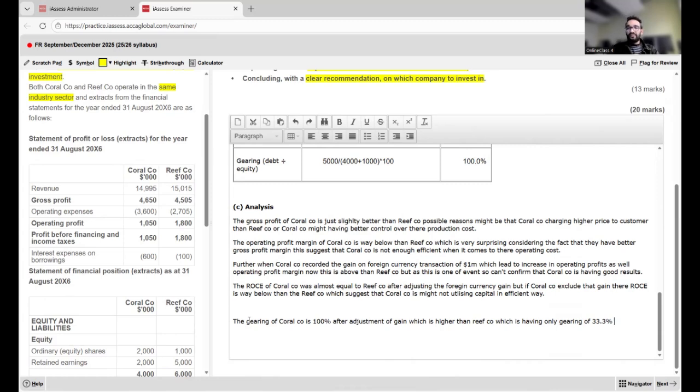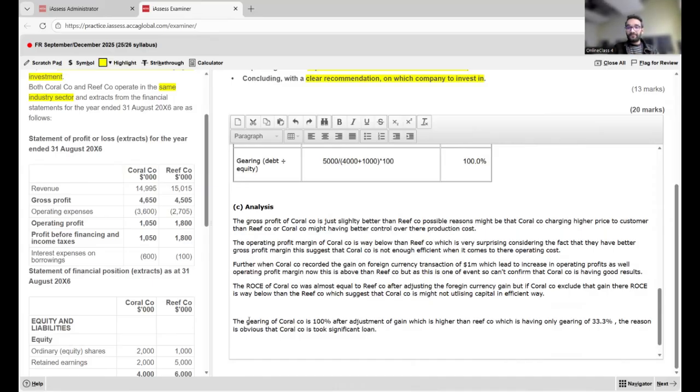So the reason is obvious. Coral company is highly dependent. Coral company took a significant loan, right?